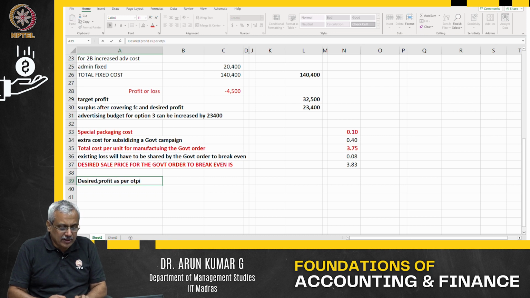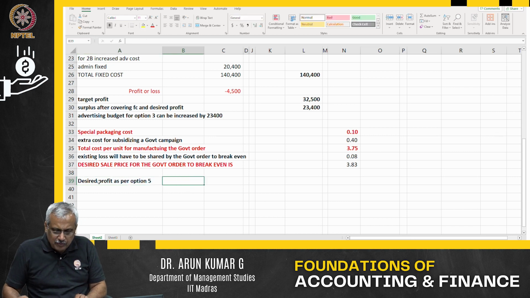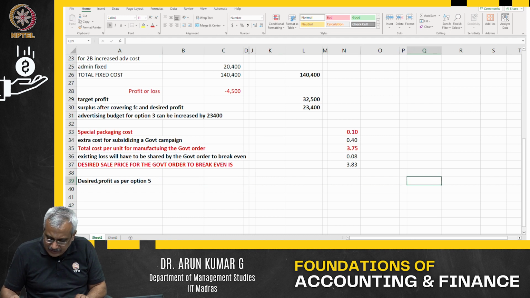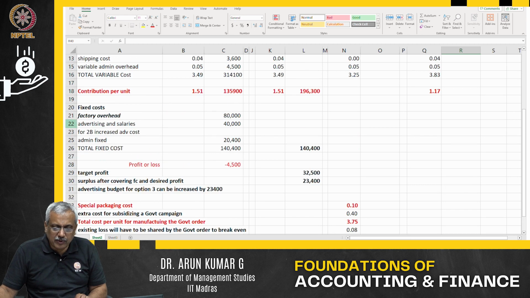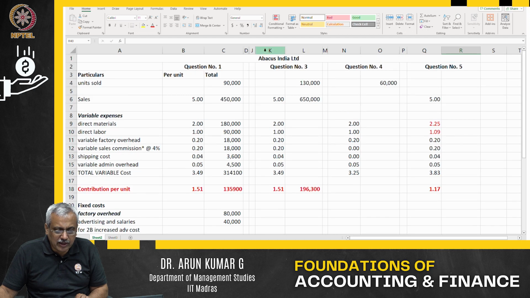As per option 5, the desired profit is about 20,000 rupees.